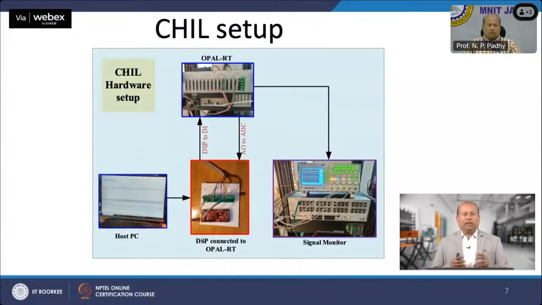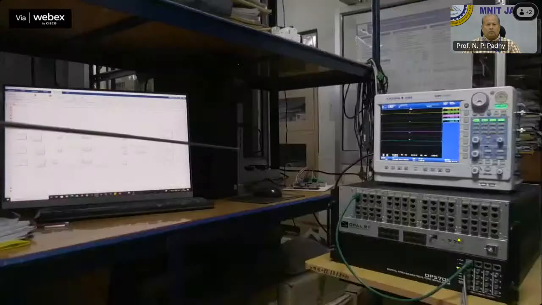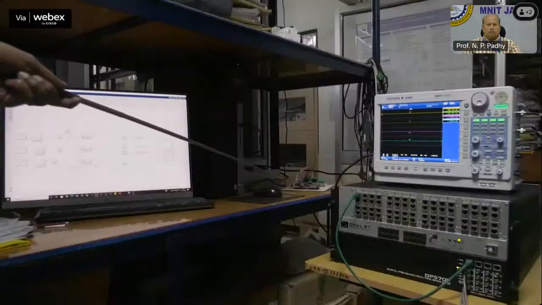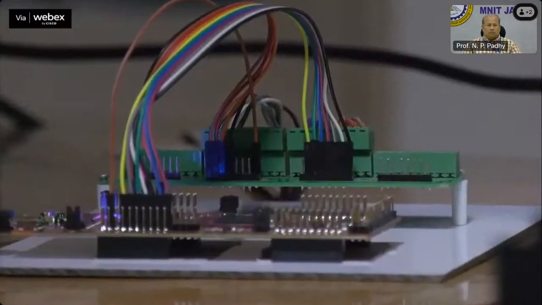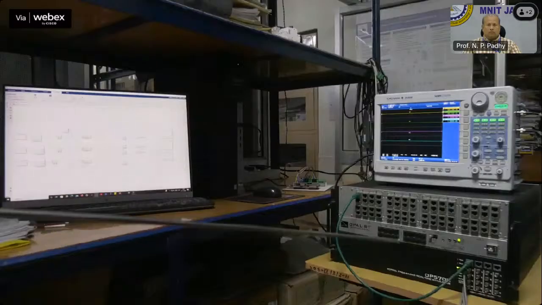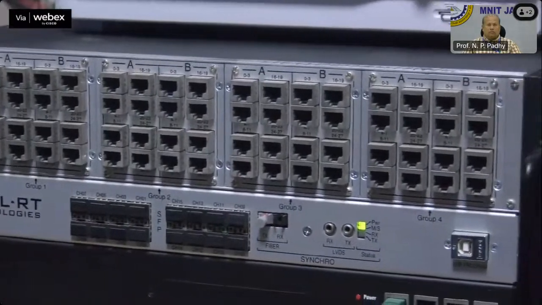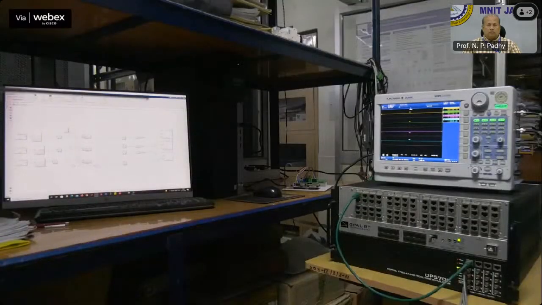Thereby, any changes in the control logic in real time should be governed and processed by the fast acting plant. The components required for this experiment are a TMS320F28379D LaunchPad, an Opal-RT controller, and a simple PC.